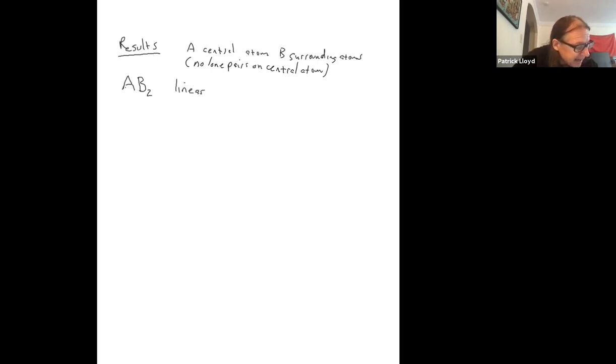Then you have an angle associated with it, 180 degrees. Now I'm going to show you how that angle is measured and what it looks like in space.